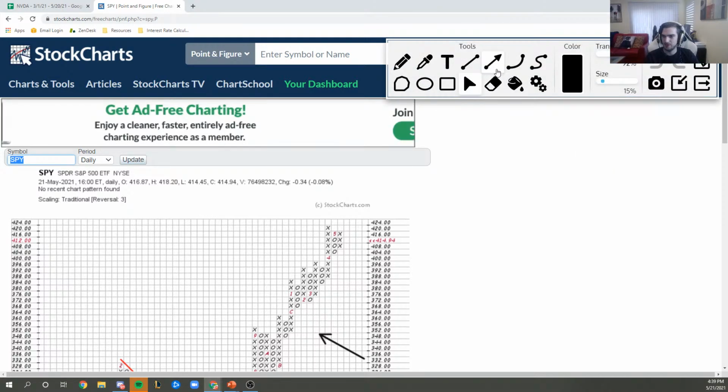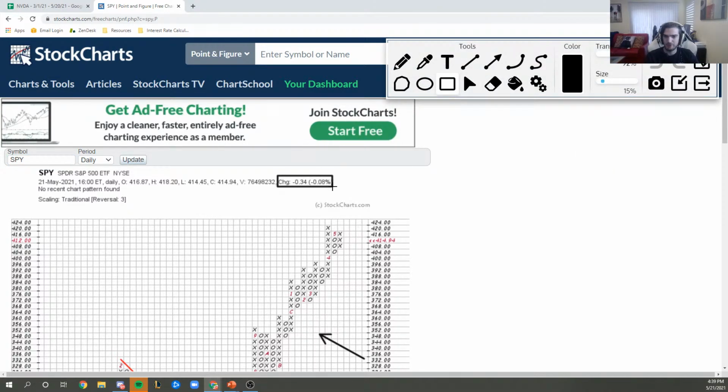Right here, percent change. Understanding percent change is incredibly important. It is very, very useful because it gives us a lot more than just did it go up or down and by how many points or dollars. Exactly, Blaze. It's like the difference of a tenth versus a 100th.